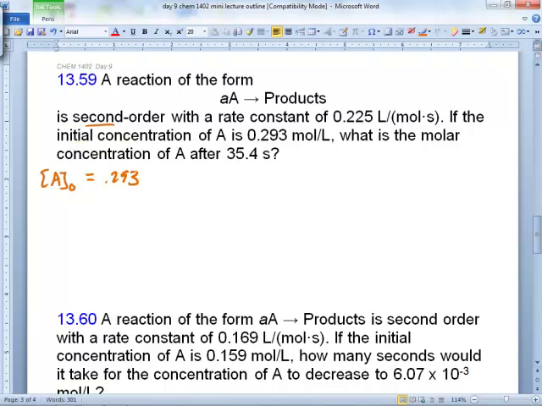Now keep going, Mari. How about another variable and its number? The rate constant is 0.225. And what's the symbol for it? K. Okay. Keep going, Lauren.